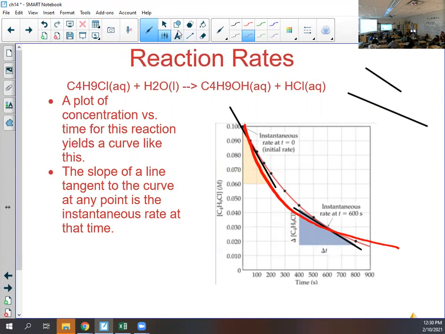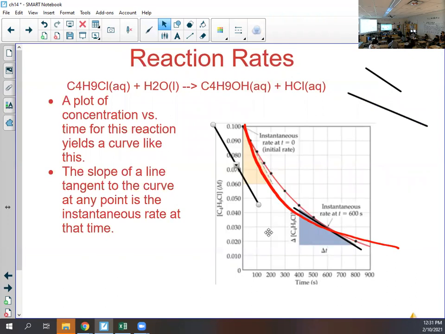A tangent. Yeah, it has to actually touch one single point, but no more than one point.